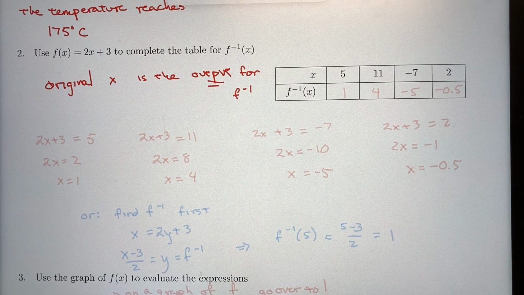So we can take 2x plus 3 and set it equal to the original x. If you want, you can say, okay, this is the new x, and 5 was the old x. F inverse is 1.